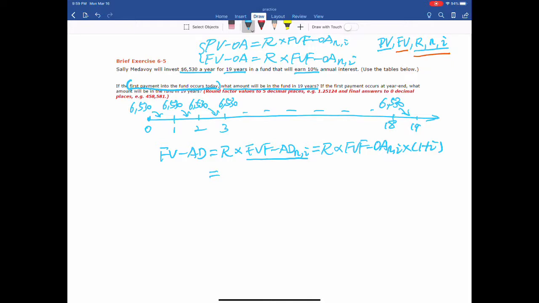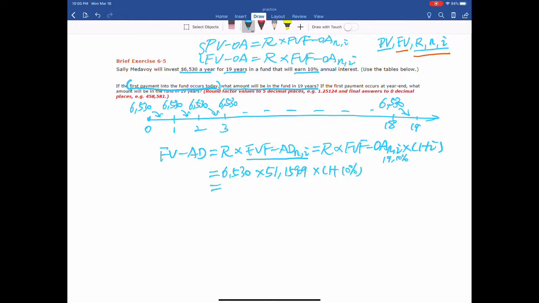Now we can apply the numbers. Rent is 6,530. The future value factor of ordinary annuity you can look up in the table, I think it's table 3. N is 19, interest is 10%. Row number 19, column 10%. You can find that the factor is 51.15909. Don't forget, you have to accumulate one more period.